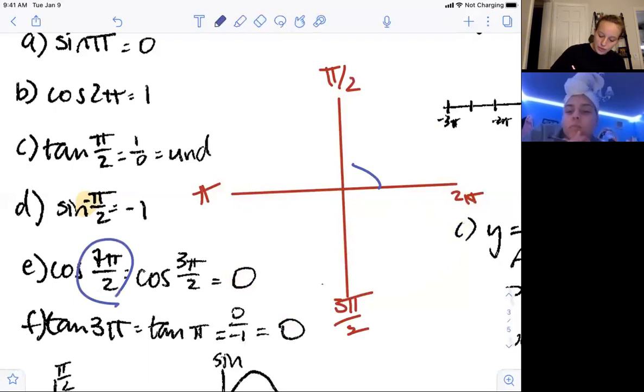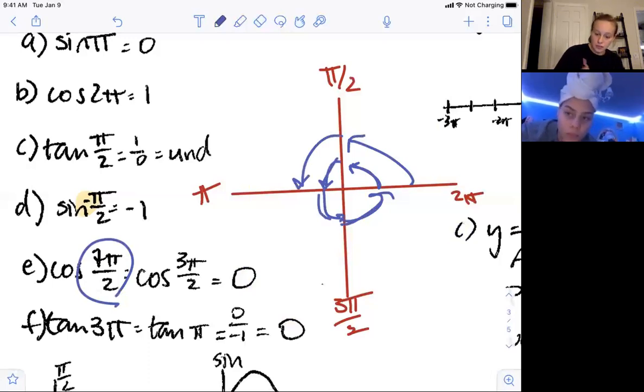So this is 1 pi over 2, this one's a second pi over 2, 3 pi over 2, 4 pi over 2. Normally I'd be back at the beginning because I've done 4 pi over 2s, but we're going to keep going to get to 7. So this is 5 pi over 2, 6 pi over 2, and that one's 7 pi over 2.